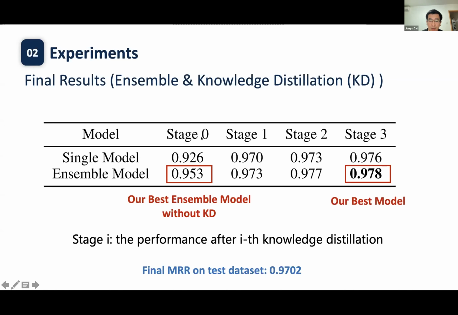So stage 0 means that we have no knowledge distillation. Here we have shown that the performance of the single model is 92.6, and the MRR of the ensemble model is 95.3.